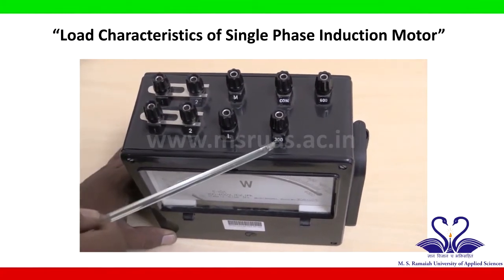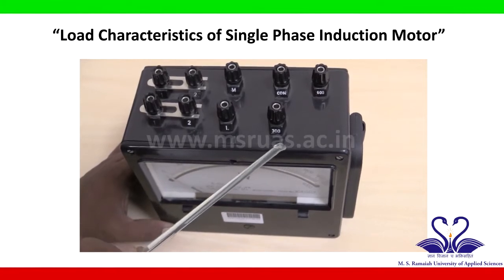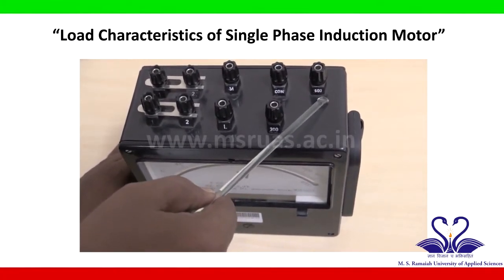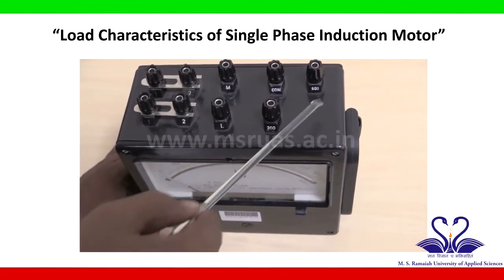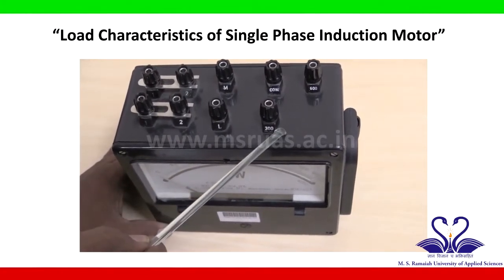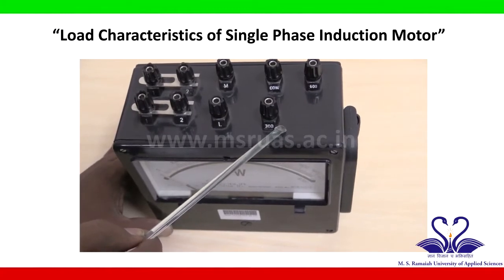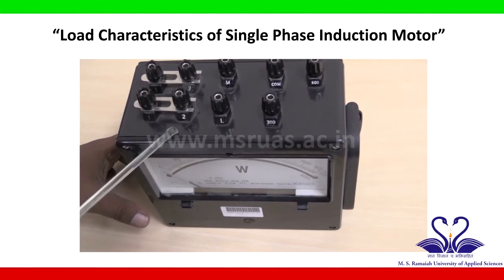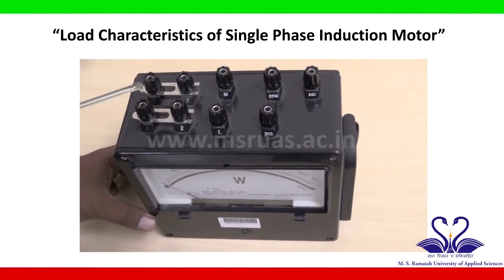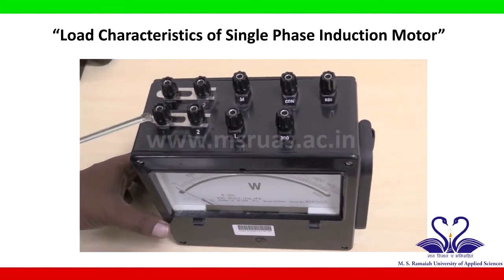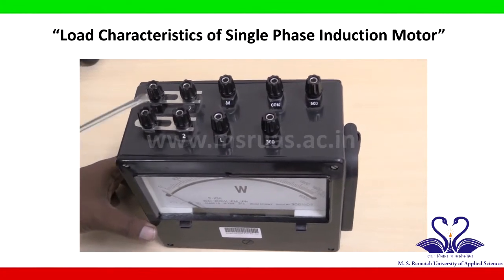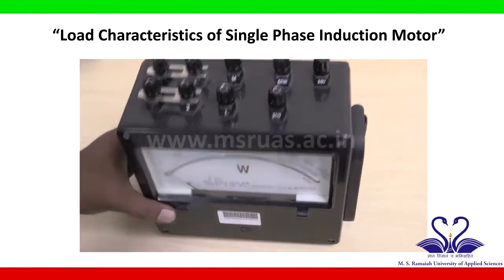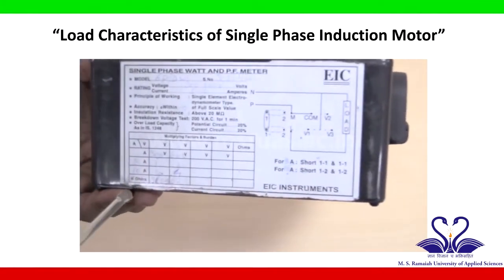And to connect the voltage, there are the two terminals. You can use 300 volts terminal or 600 volts terminal, but if you are using 300 or 600, you should be very careful about the multiplication factor, and the multiplication factor is based on the 1 to 2 and 1 to 1 arrangement. Here you can see the two plates, so if there is a connection from 1 to 2 and 1 to 2, then this wattmeter is used as a 10 amperes. So you have to look at the nameplate details of the wattmeter.